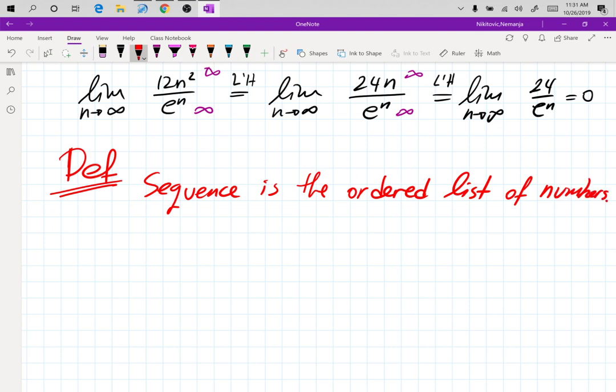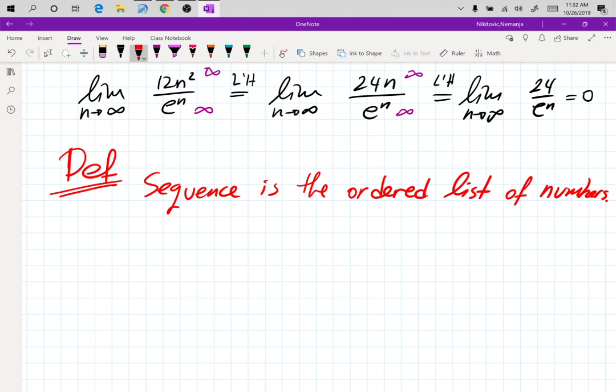Is this on a test? Yeah. Statement. What is a sequence? What is a series? What is a monotonic sequence? Right? These kind of things. So there should be on test 3 a question that is asking you to state various things regarding sequences and series. So a sequence is the ordered list of numbers.